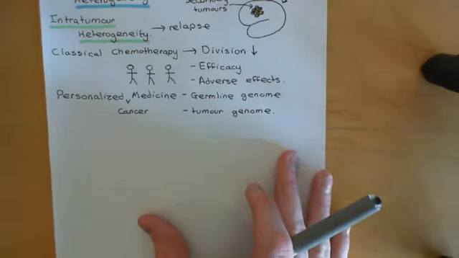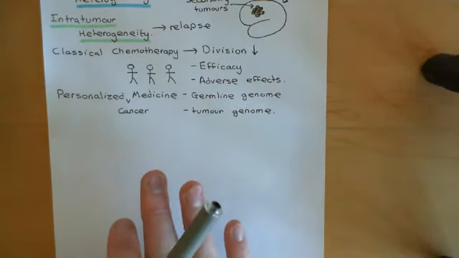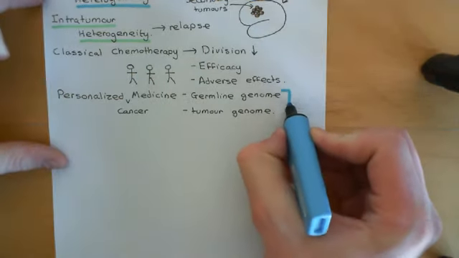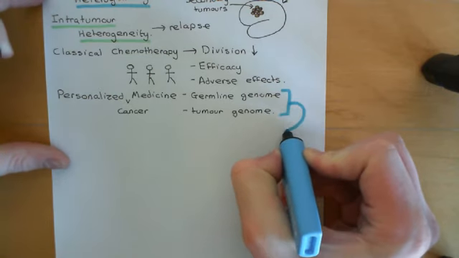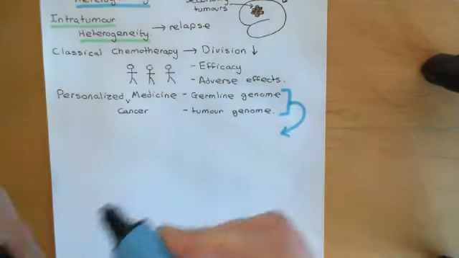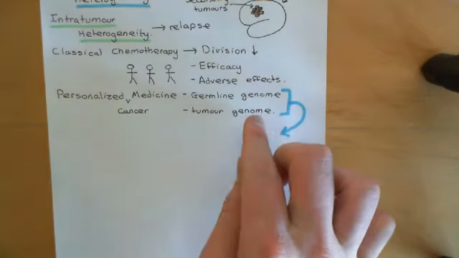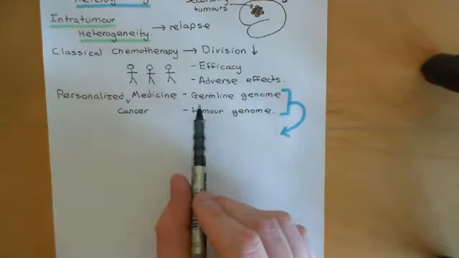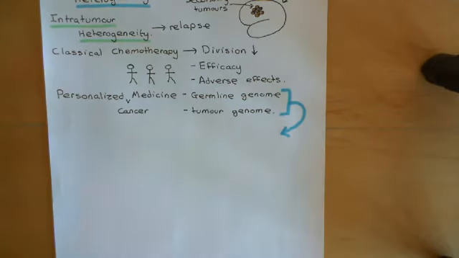So the idea then behind personalised cancer medicine is that we should be able to sequence your germline genome and your tumour genome, and the aspiration is that we'd be able to plug this information into a computer, and then it would spit out which drugs will be effective against the tumour and also which drugs will give fewer side effects. And to understand which drugs will give fewer side effects, we need to look at the germline genome.